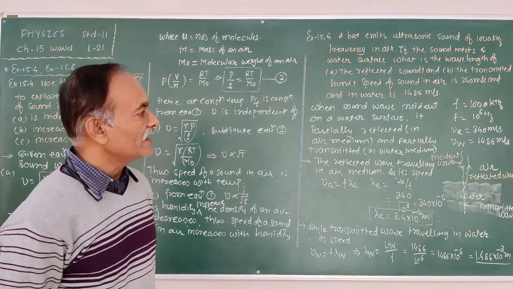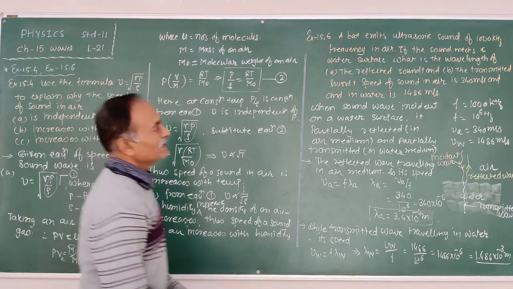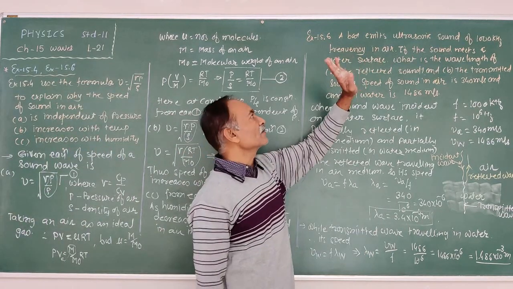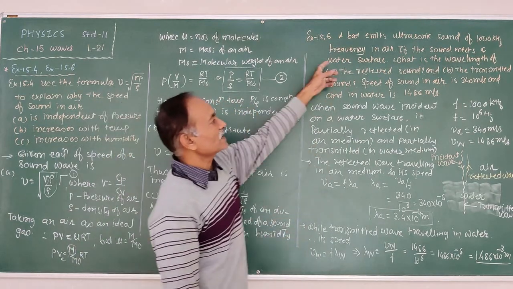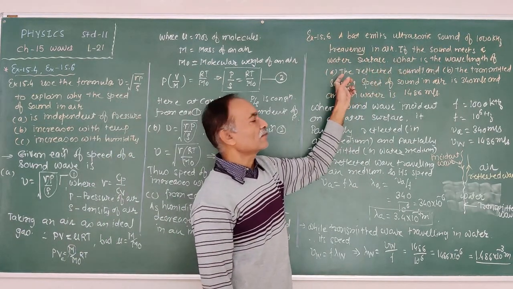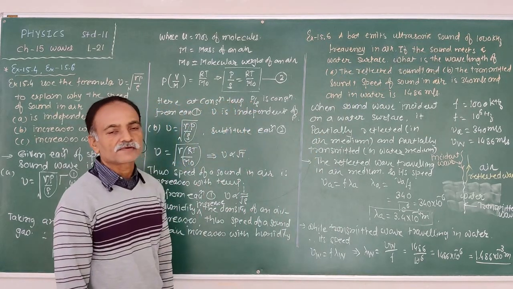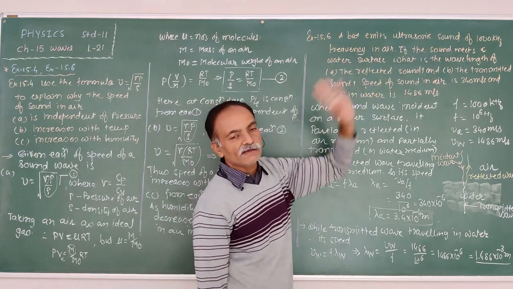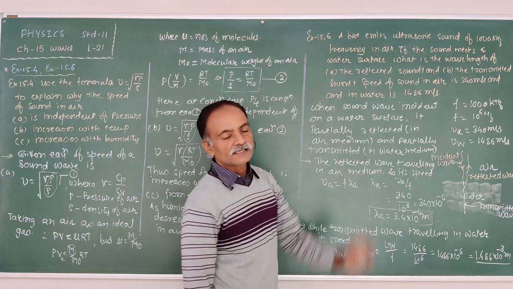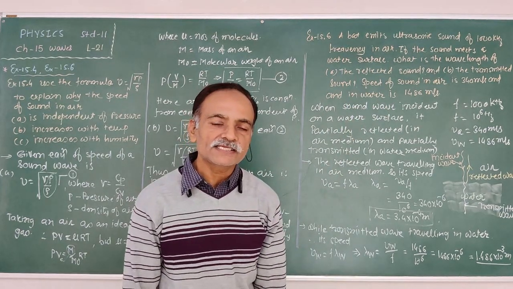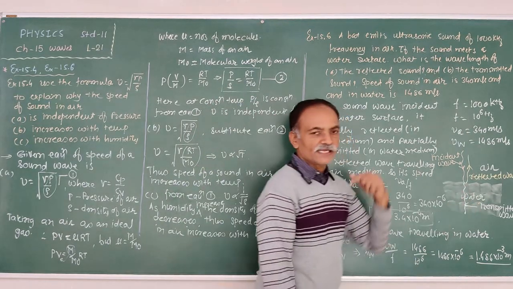The frequency of the wave in both media remains the same. Again, the question is that a bat emits ultrasonic sound of 1000 kilohertz frequency. If the sound meets a water surface, what is the wavelength of the reflected sound and transmitted sound? The speed of sound in air is 340 meter per second, and in water the speed is given 1486 meter per second. This figure is only for your understanding of what happens.